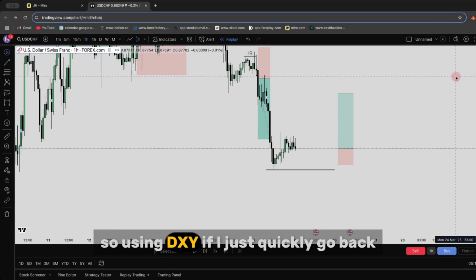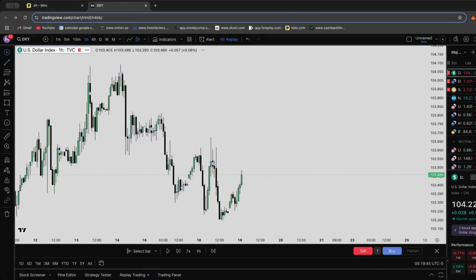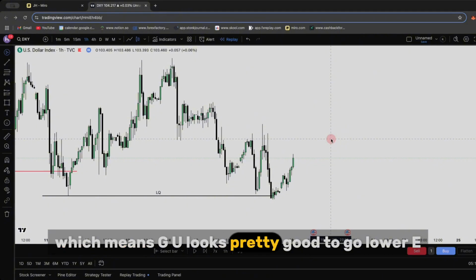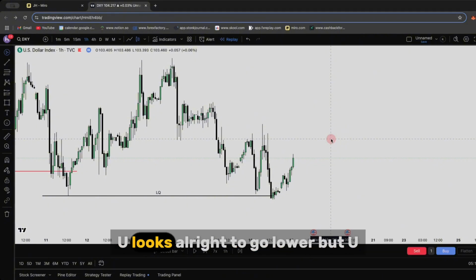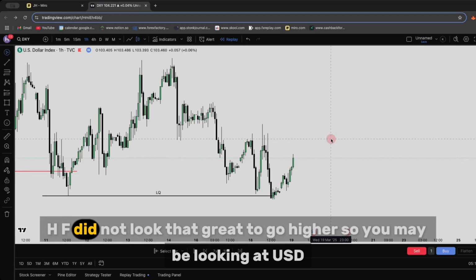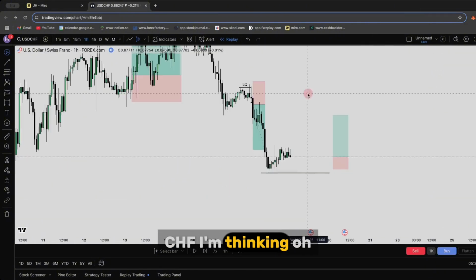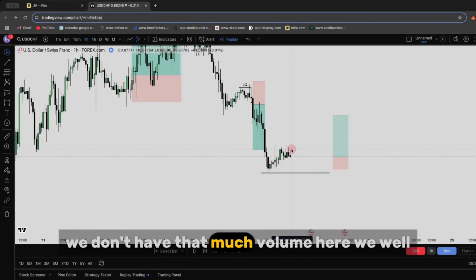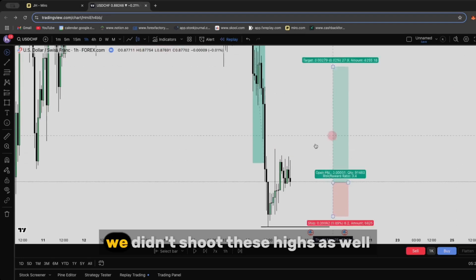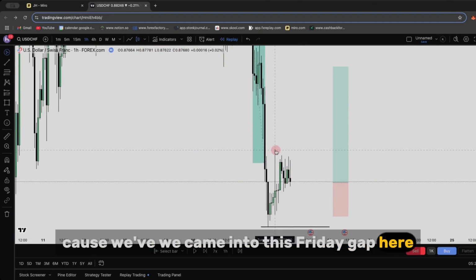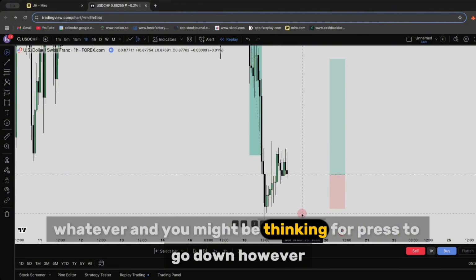So using DXY, if I just quickly go back, we're thinking price could go higher, which means GU looks pretty good to go lower, EU looks alright to go lower, but USD CHF did not look that great to go higher. So you may be looking at USD CHF and thinking, oh, we don't have that much volume here, we didn't sweep these highs, or I'm not sure how you guys trade, maybe because we came into this fair value gap here, and you might be thinking for price to go down.